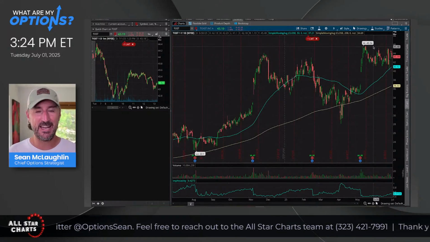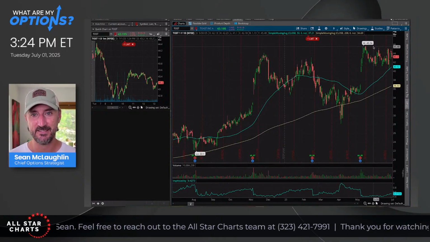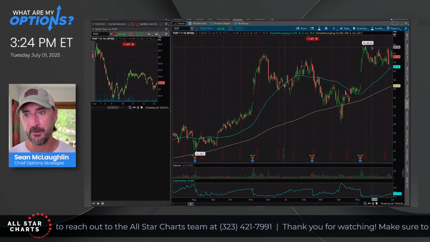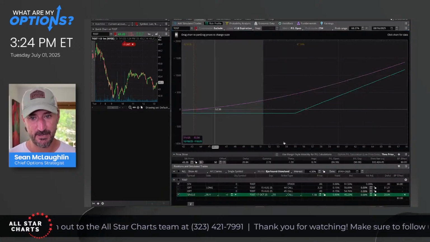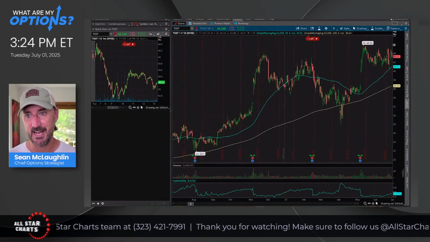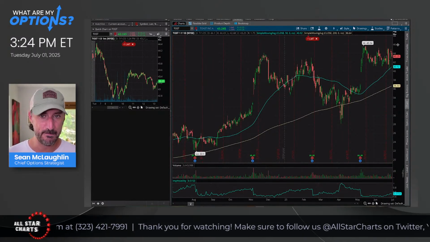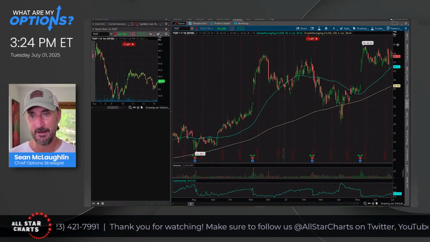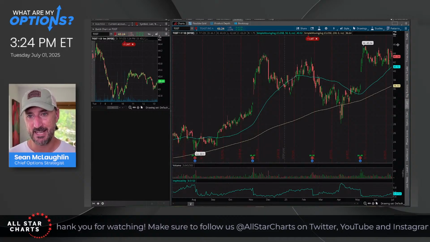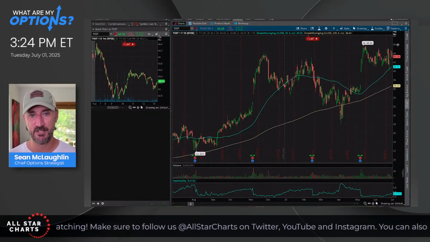I'm doing less of that these days as I'm just trying to get more comfortable taking bigger swings and letting things develop, but that's just my personal preference. For me, certainly, if I'm buying the 55 calls, I would keep an eye on this stock. And if it got up to my strike price of 55, especially if it happened sooner rather than later, like over the next couple of months, since I have until October with these, I would probably sell enough of my position.